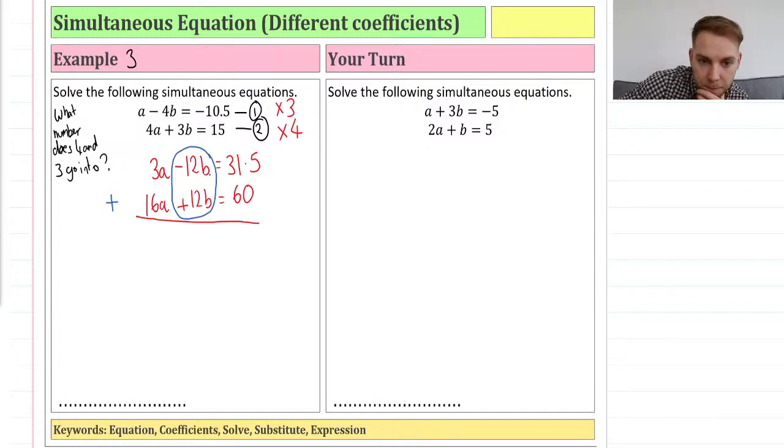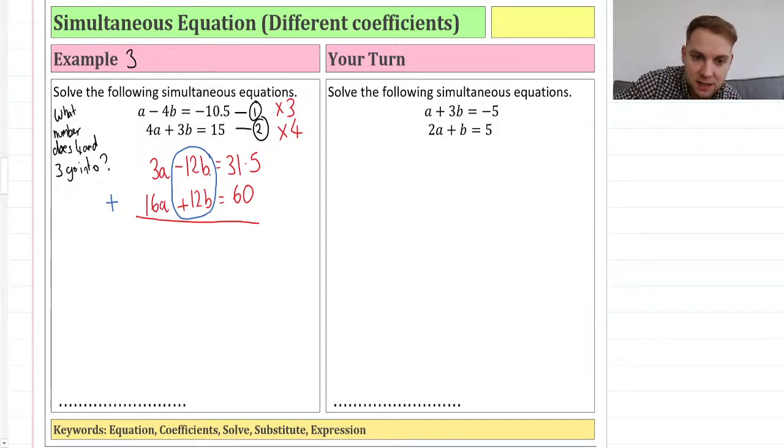Remember, the reason you're adding them is because when the signs are different, if we add them, it cancels out the 12B, because minus 12B plus 12B is 0.